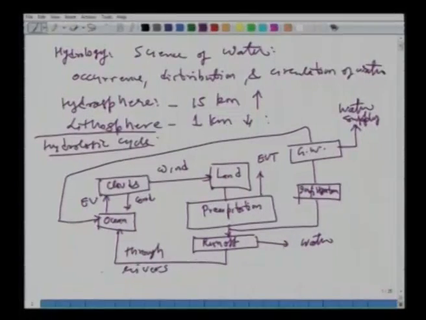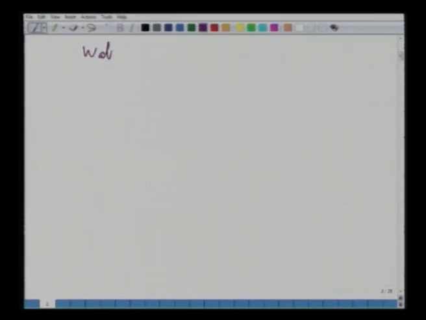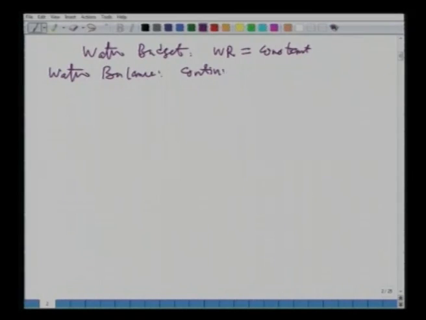Now, before we move on, we would like to look at one main fact about this hydrologic cycle, which is what is called the water budget, which says that the total amount of water or water resources is constant. When we say the total water resources are constant, we mean that we are applying what is called the water balance equation, or famously it is known as the continuity equation.